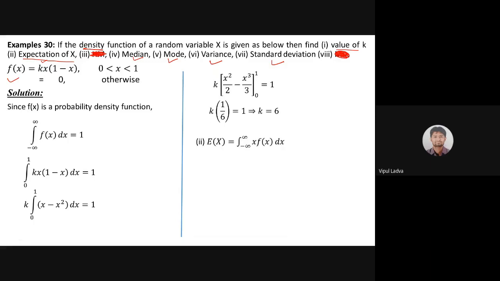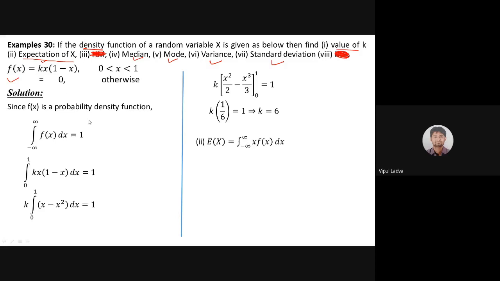Okay, go through this particular k. So sorry. Yes.